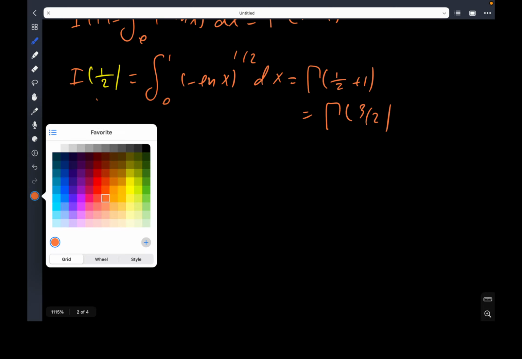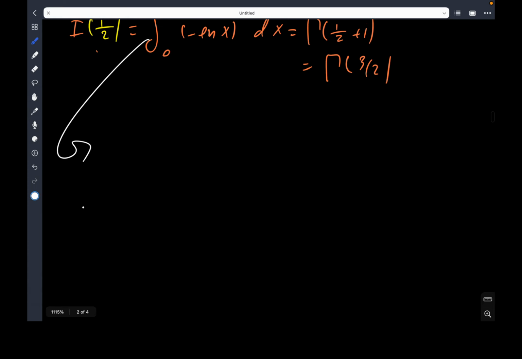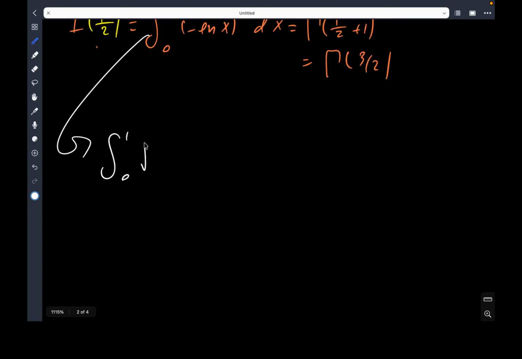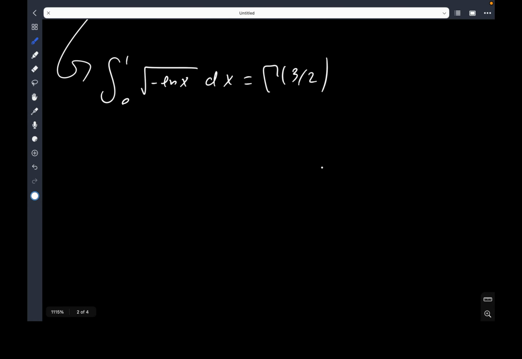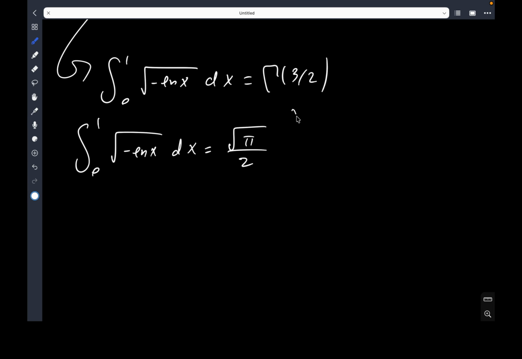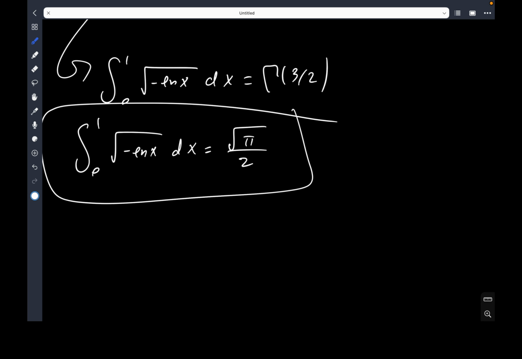Therefore this integral from 0 to 1 of root negative ln x dx is gamma of 3 over 2, and gamma of 3 over 2 is root pi over 2. Thus, the integral from 0 to 1 of root negative ln x is root pi over 2, and that is the final answer of the integral here.